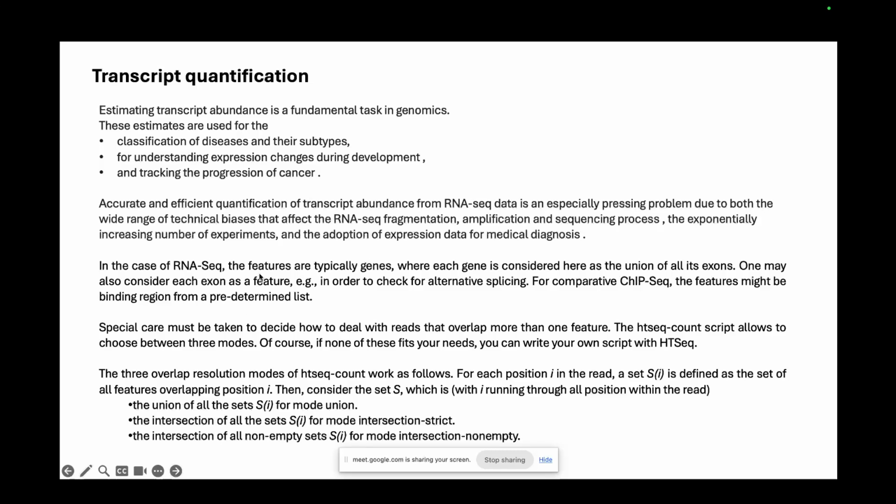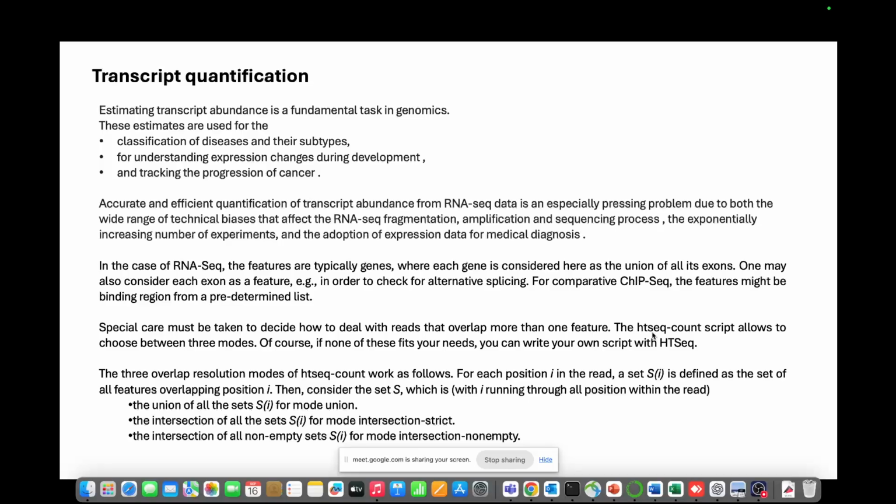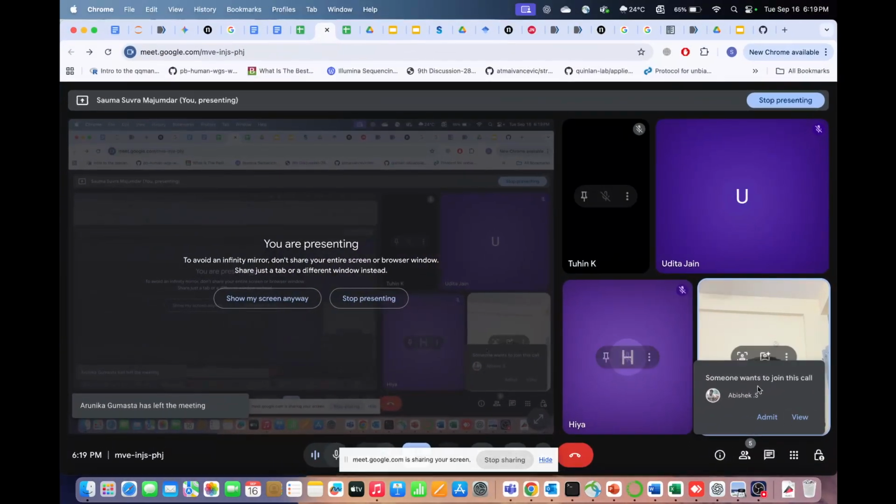So you can do it exon-wise, or in terms of binding-region-wise. There's room for people to explore how they want the data to be quantified, right? Special care must be taken to deal with reads that overlap with more than one feature, and there are software tools that help with it. HTSeq count is a software for that.